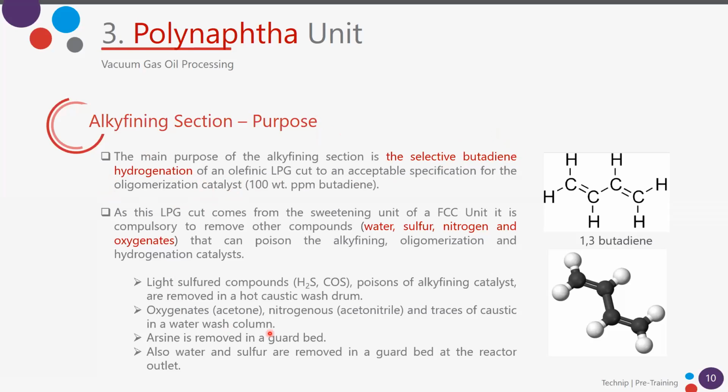And also we have to remove some of these compounds because they can also poison all the catalysts in the unit. Remember that we will have reactors in the alkylation, in the oligomerization, and in the hydrogenation sections. So this is to remove the contaminants that we can have in our feedstock.